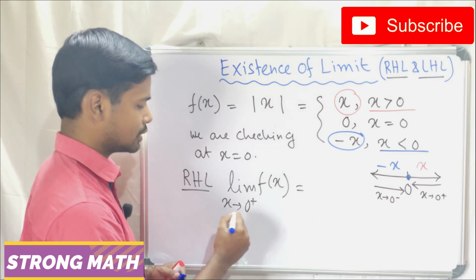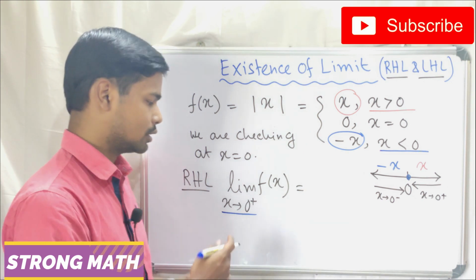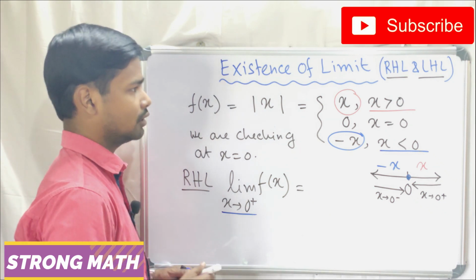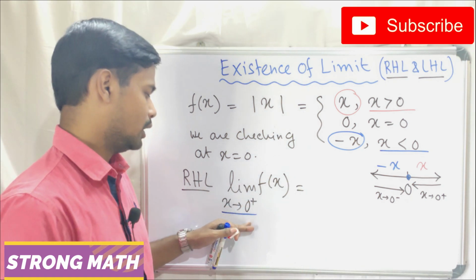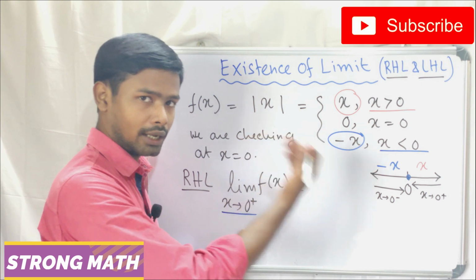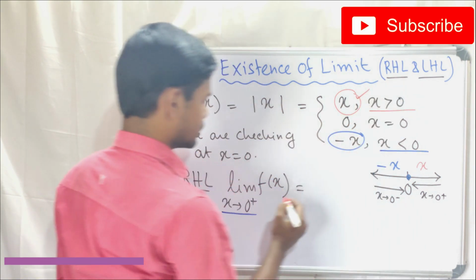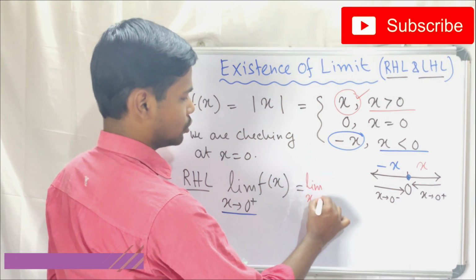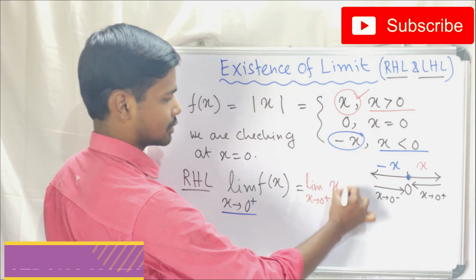Here we are taking x tends to 0 plus, that means from the right hand side of the 0 towards 0, and the value of the function in this portion is x. So we will write limit x tends to 0 plus, value of f of x here is x.